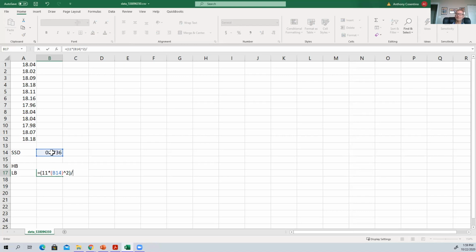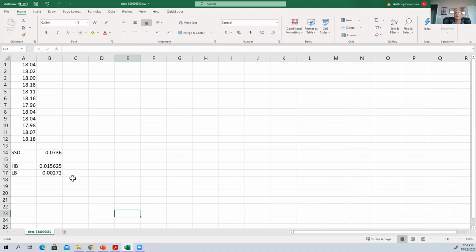And then now we want to divide by the 21.92. And so you can see that that lower bound is quite a bit smaller, right? And so that would be 0.0072.